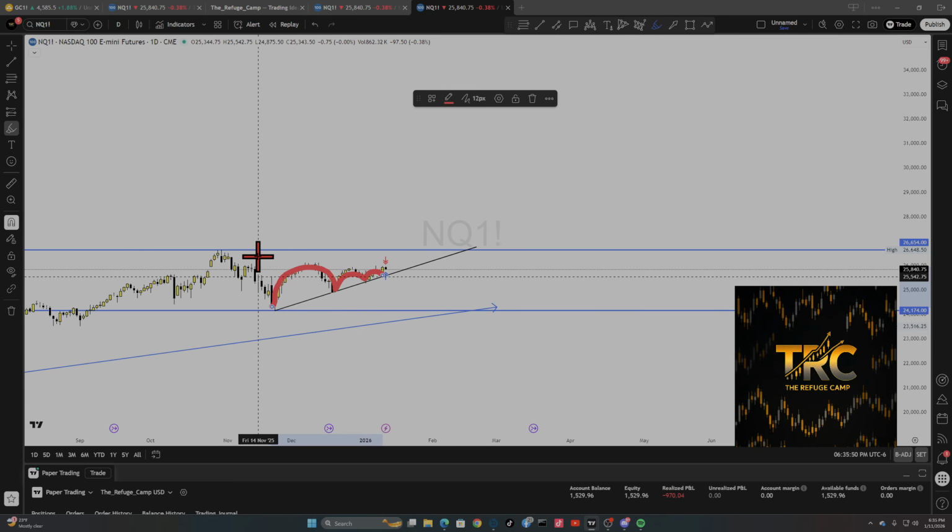So essentially, what you get is what we call a wedge, an ascending channel, okay? And that wedge is like a piece of cake, but it's got one flat side.